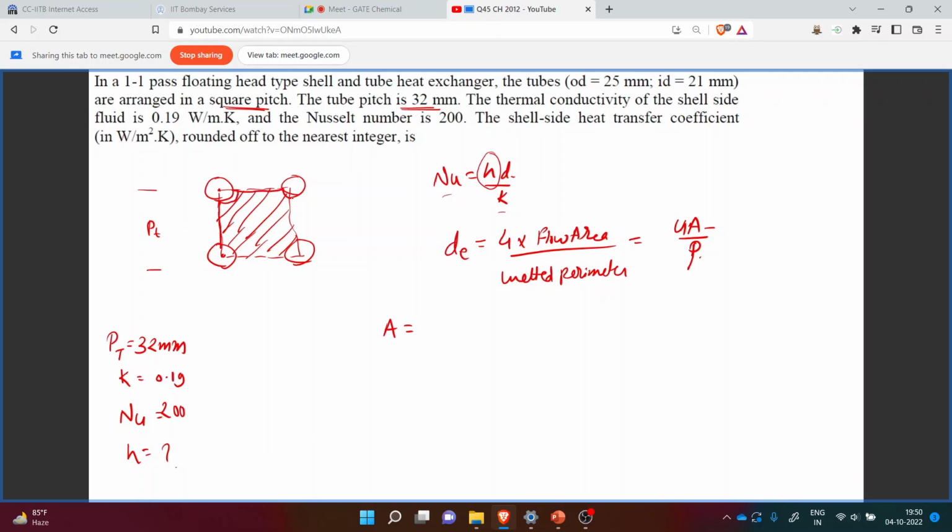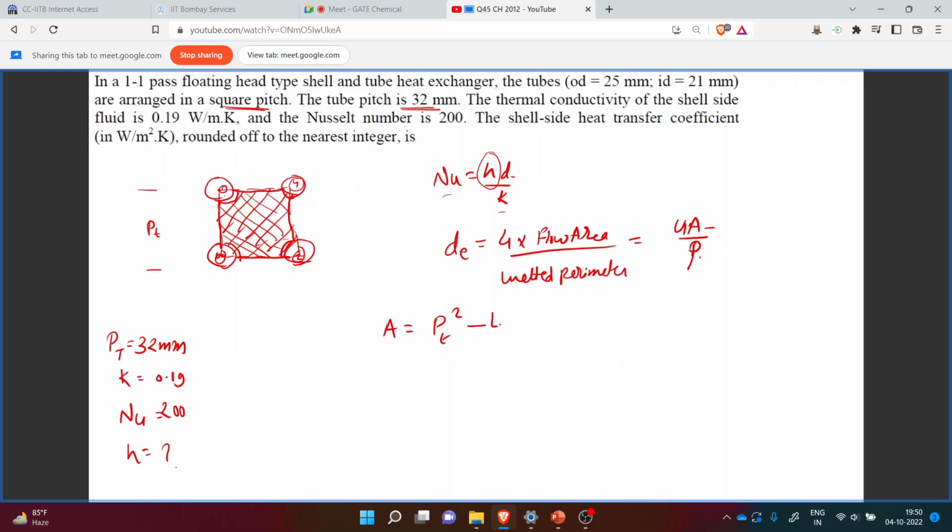So we can calculate the area of this inner side through which the fluid is flowing on the shell side. We can calculate the area of the square, PT square, and subtract these individual areas, that is 1, 2, 3 and 4.